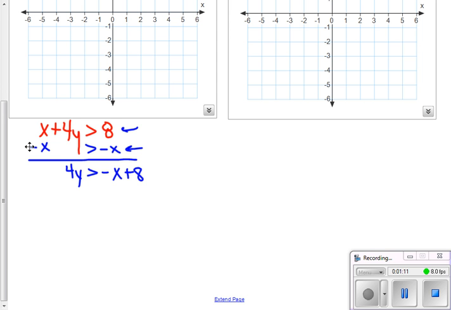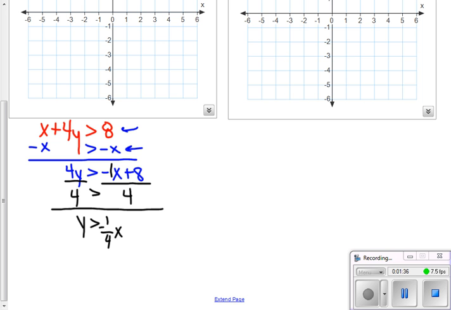Now we need to get y by itself. In order to get y alone, I need to divide both sides by 4. The inequality sign is going to stay the same because I'm dividing by a positive 4. Now I would wind up with y is greater than, well, really this is a negative 1x, so I'd have negative 1 over 4 next to x.